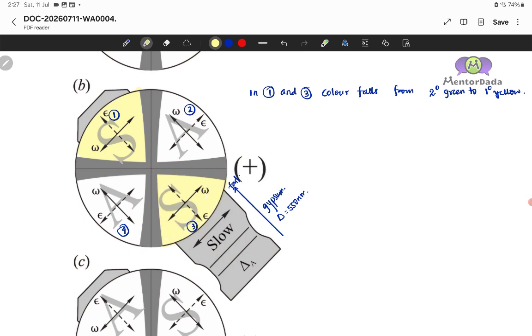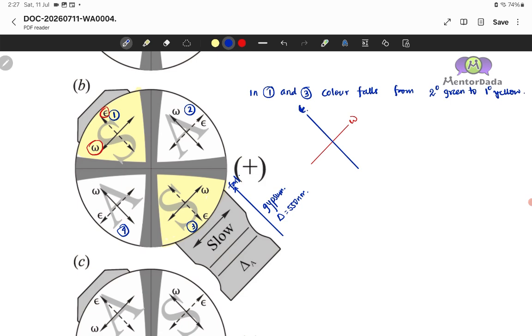So what is happening in this part? Look, in this part just look at the omega and epsilon. The omega is like this, is it not? Omega is like this and epsilon is like this, right?